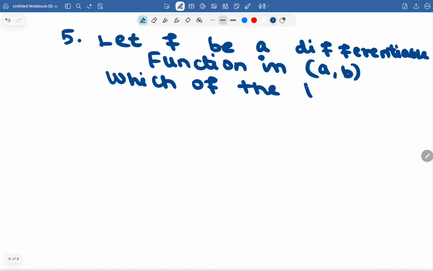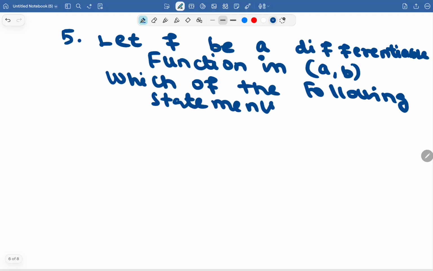Which of the following statements is not correct?